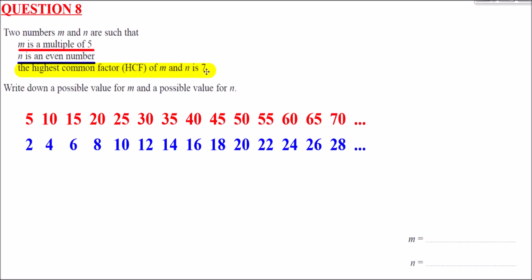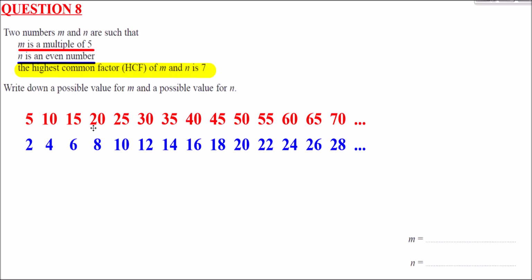So if 7 fits into m and n, that's another way of saying that m must also be in the 7 times table, and n must also be in the 7 times table too. So for the red numbers, let's spot any numbers which are also in the 7 times table, and for the blue numbers, again underline any numbers which are in the 7 times table.